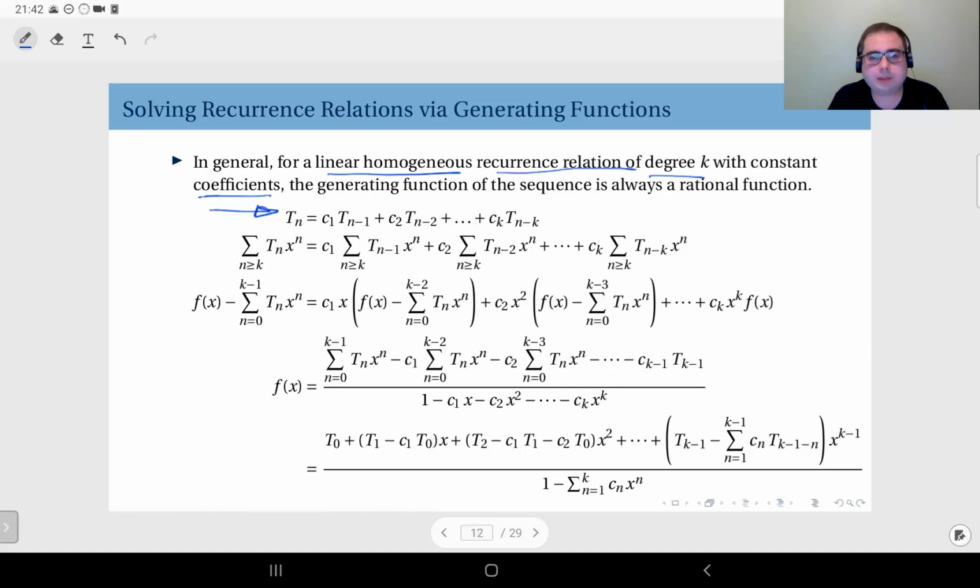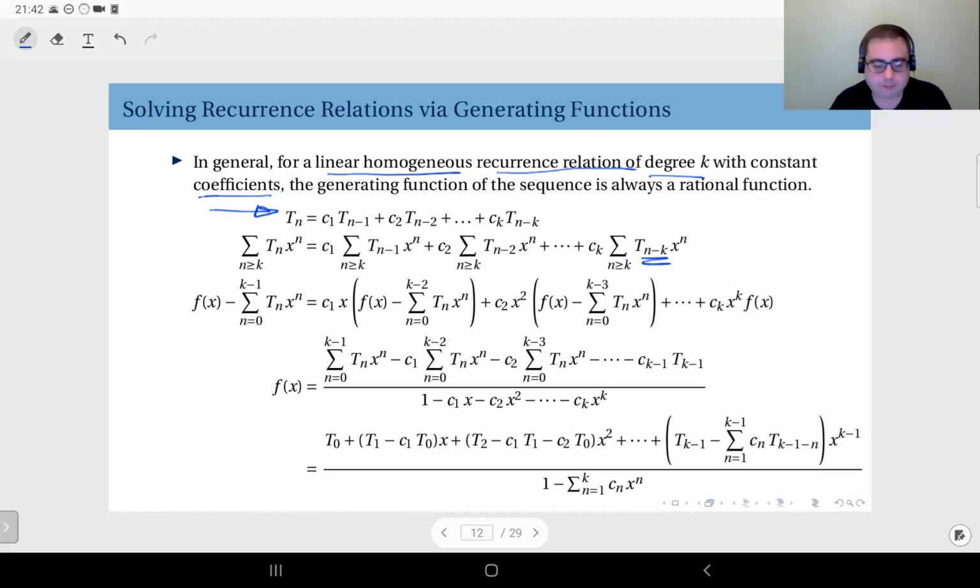Now again, apply the same approach: multiply both sides of the equality by x to the power n, and sum both sides from n equals k up to infinity. In the example, we started from 1. Here we have to start from k because the smallest index is n minus k, and that should be 0. So start the index from n equals k up to infinity.